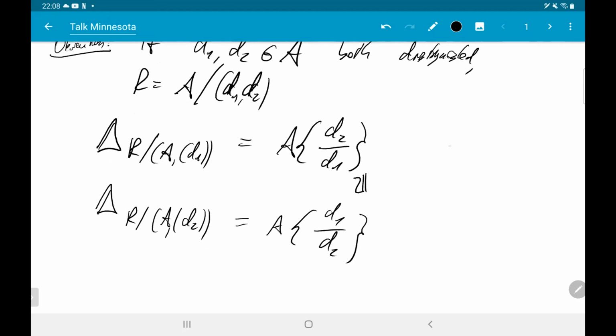And the reason for this is that if in a delta ring you have two distinguished elements, one a multiple of another, then the multiplier U is automatically a unit. You can get that by applying delta and staring a little bit at what completeness gives you.